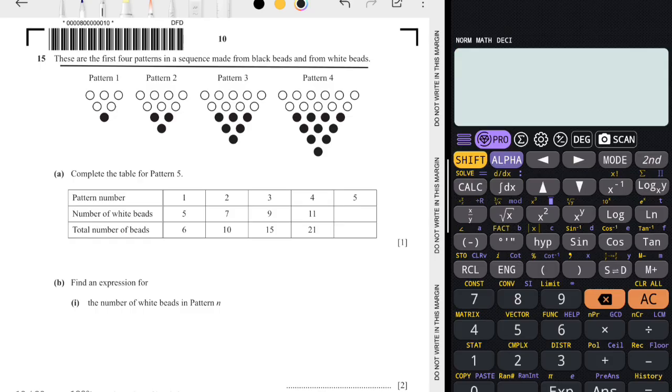If you see the first value and the second value, there is a difference of 2, then again there is a difference of 2, and again 2. So it means that the next value would be 13. The second one, total number of beads, there is a difference of 4, then 5, then 6, and definitely then it would be 7. So it would be 28.